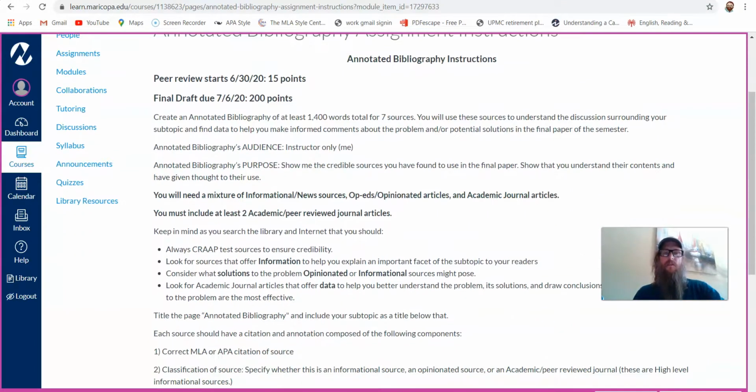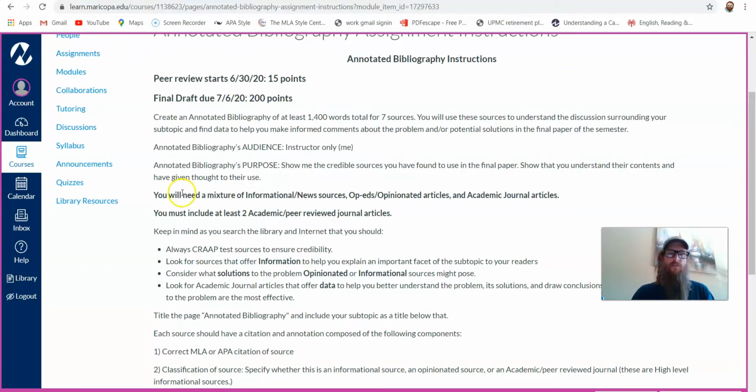As you can see, I'm really giving you a lot of choice in terms of what types of sources you select. Of course, the sources do have to be CRAP tested. We can't forget about CRAP testing. That's an important concept that we will need to adhere to for the rest of the semester.